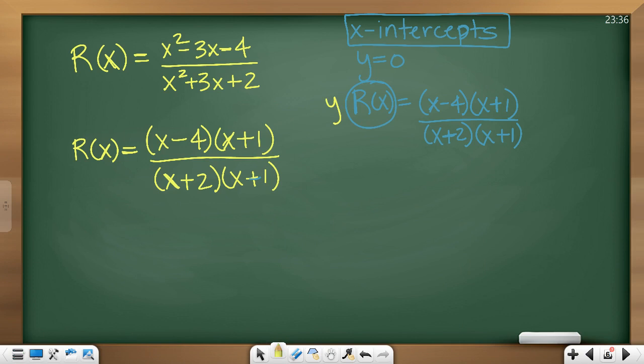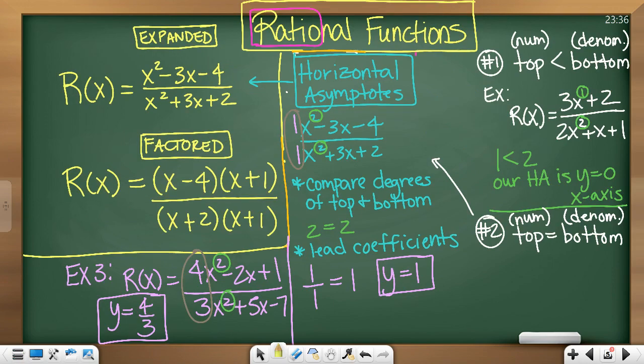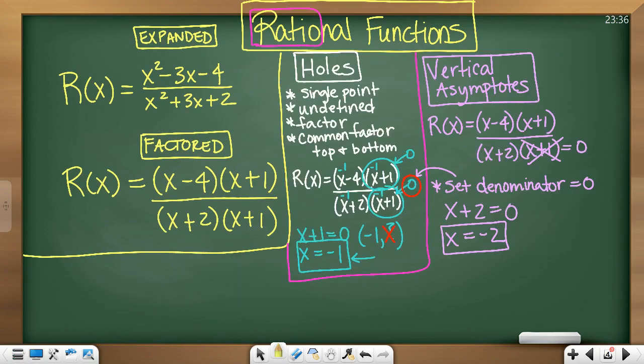If I want to find the x-intercepts where it crosses the x-axis, I'm going to set only the top equal to 0. I want to know where this is going to turn into 0. However, what did I find on the previous slide? I've got a hole at -1, right?